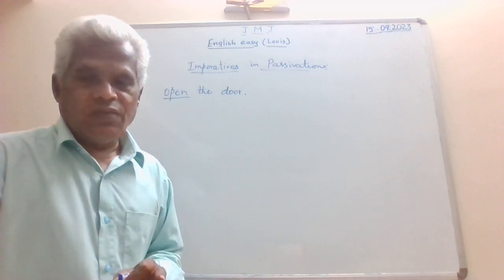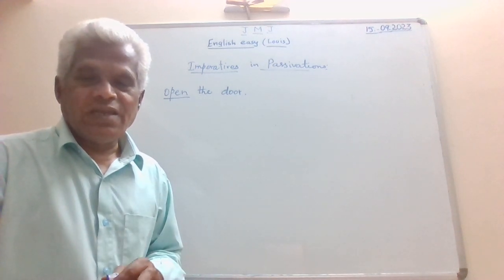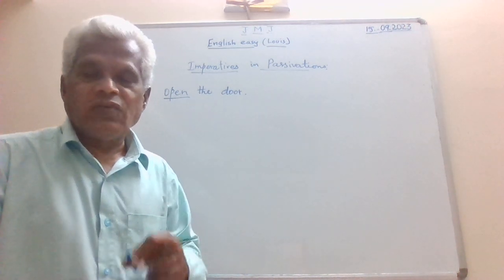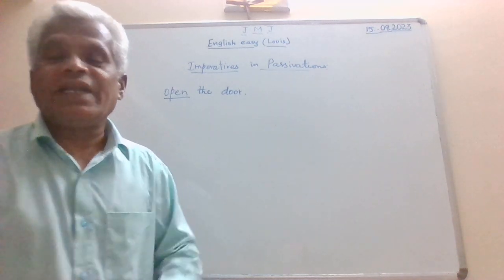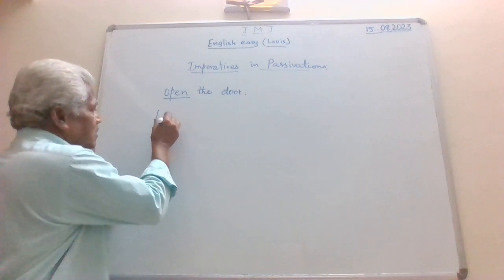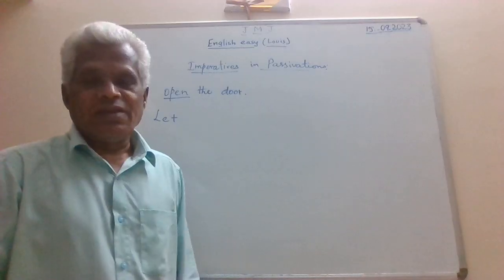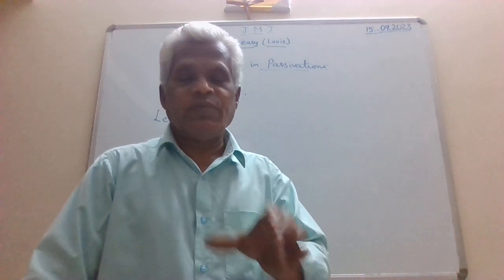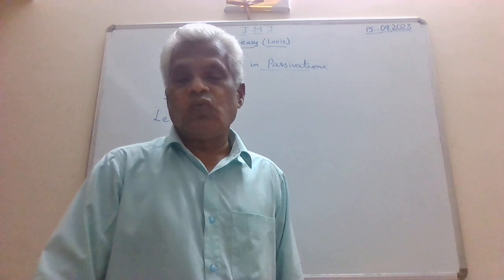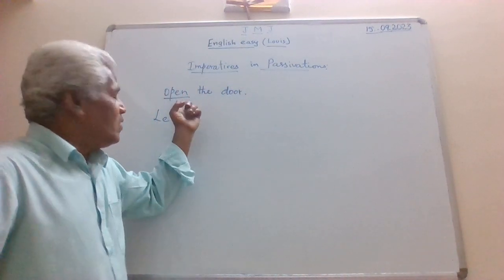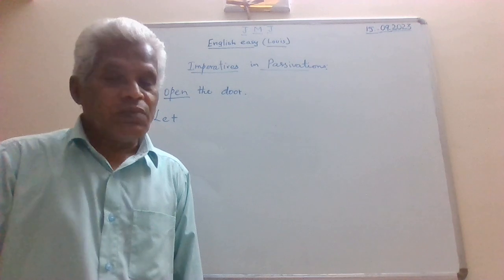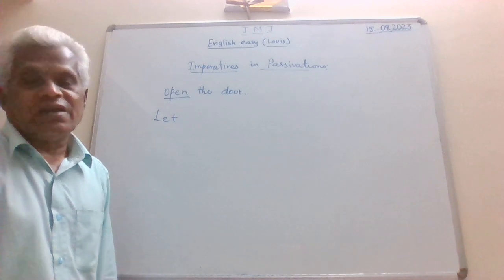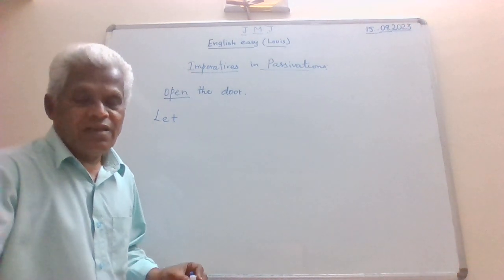So remember, when you have an imperative sentence to be written in passivation, you have to remember to write the word let. Alright? Let. Like what we did in interrogatives, whenever you find the word who, by whom is the passivation for the question word who. So similarly here, whenever a sentence begins with an imperative verb, immediately you must write the word let. So after writing let, come to the subject.